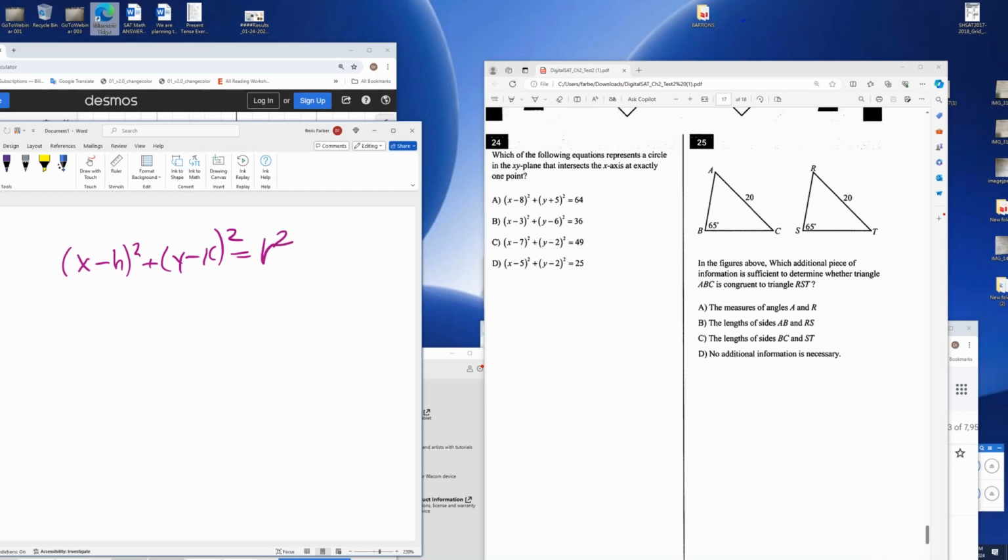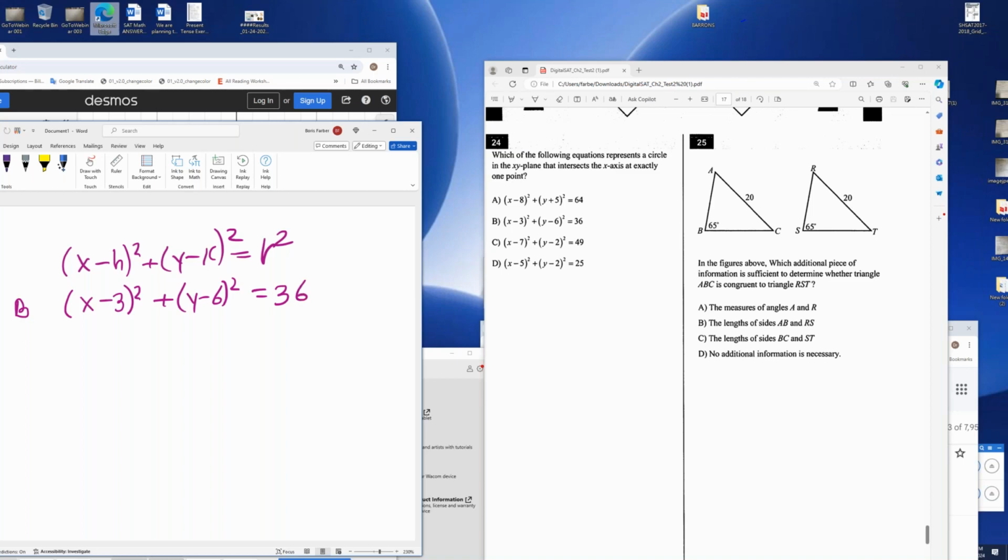And for sure, if you look at the answers, the answer is B. Let me write this B. You can check any of this: x minus 3 to the second plus y minus 6 to the second equals 36.